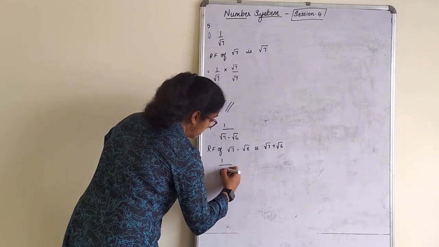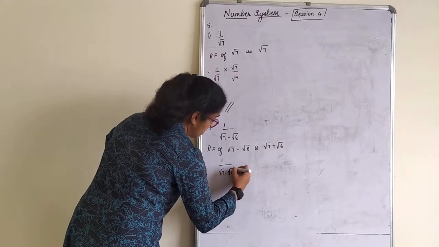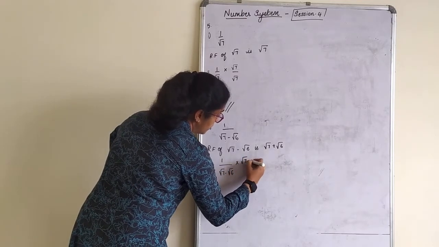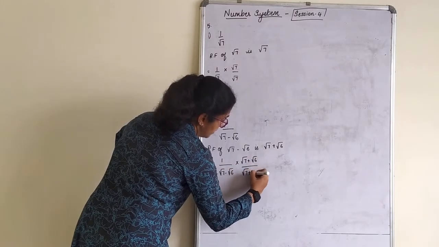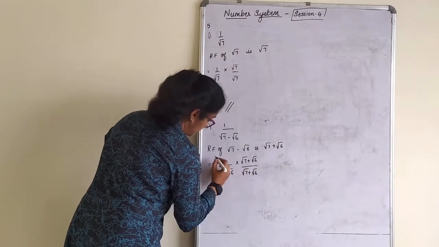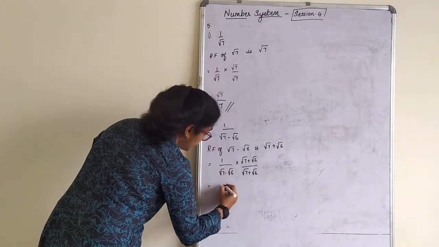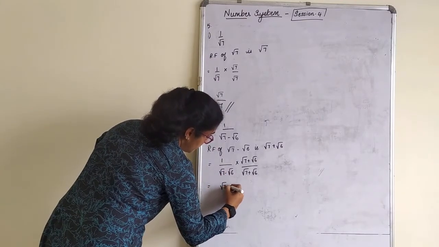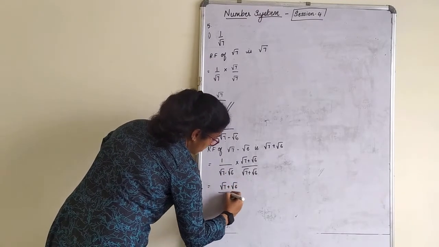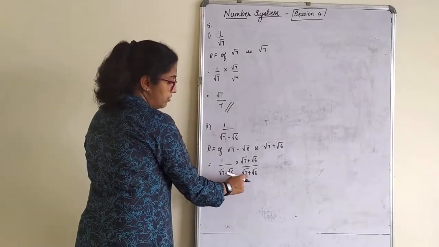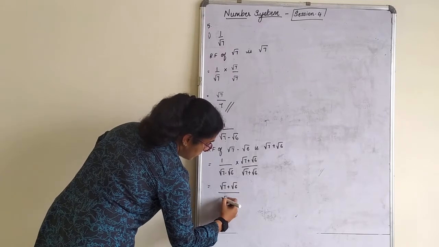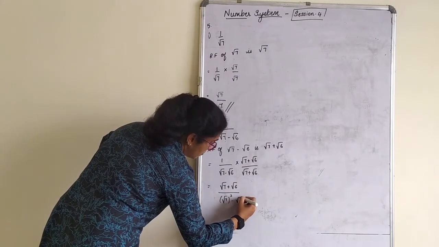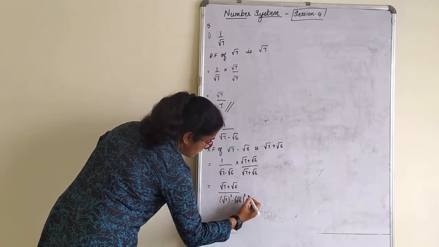1 upon root 7 minus root 6 into root 7 plus root 6 divided by root 7 plus root 6. Here, numerator root 7 plus root 6. Denominator a plus b into a minus b, a square minus b square. Root 7 whole square minus root 6 whole square.